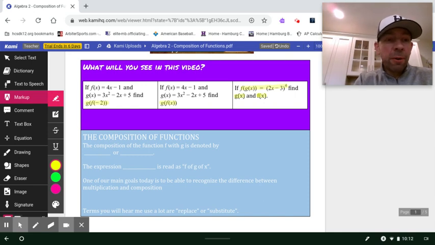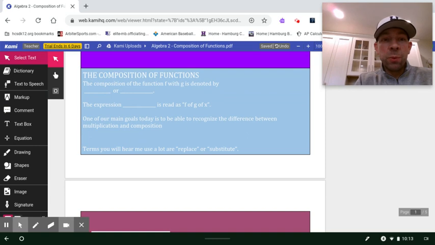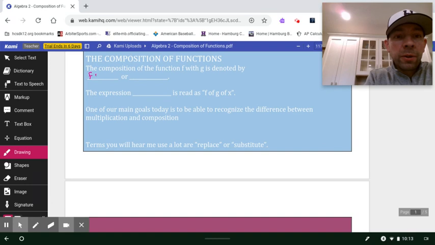So we're really focusing on some of our early definition work here. So what is the composition of functions? First of all, the composition of the function f with g is denoted by f with a little circle that says "of," in parentheses, and then an x in parentheses. So that's like saying f of g of x. Or the one that I'm going to use in the video today is written like f of g of x.